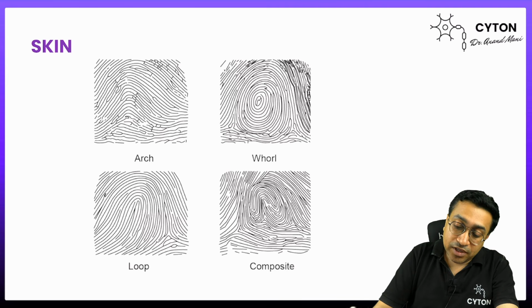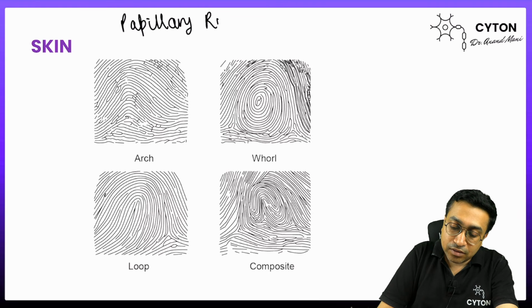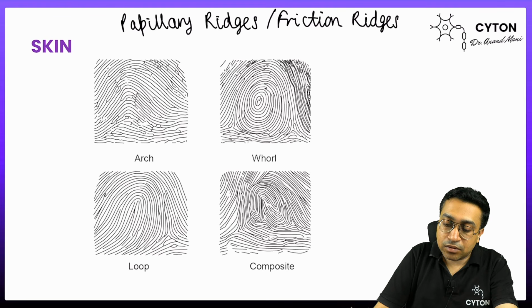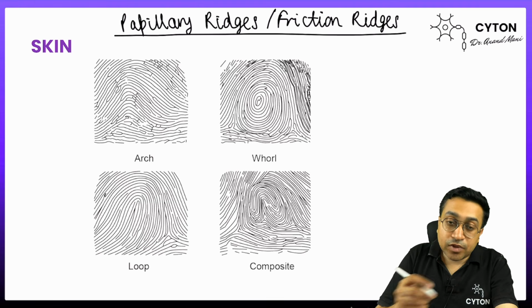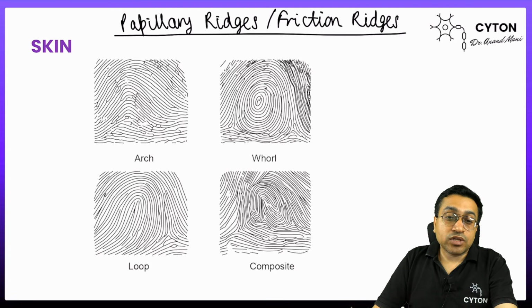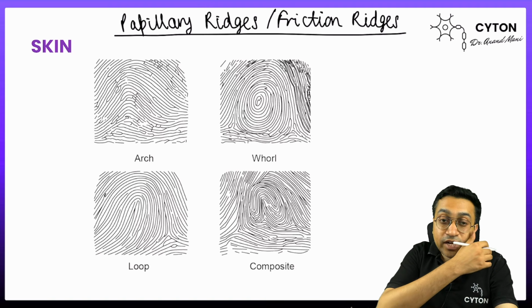The papillary ridges, which you can see here, or friction ridges, are present on the fingers, toes, palms, and soles. They are narrow ridges separated by parallel grooves.